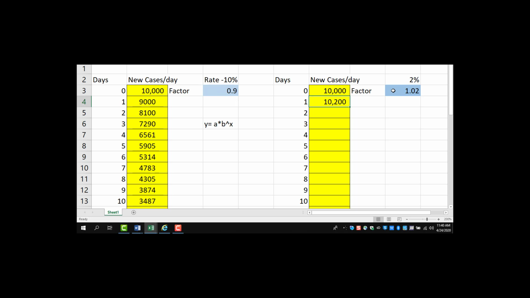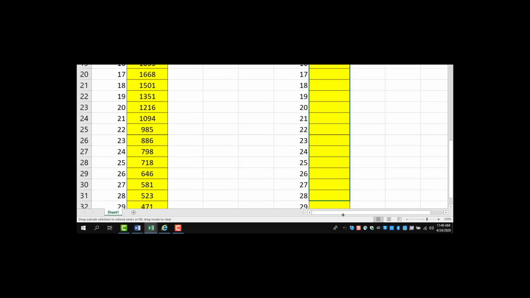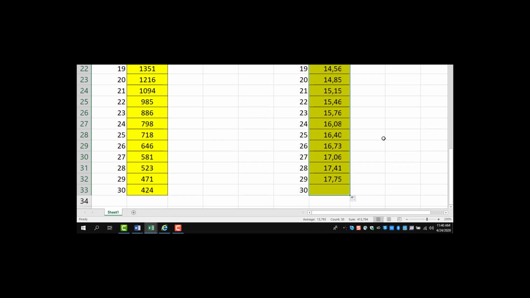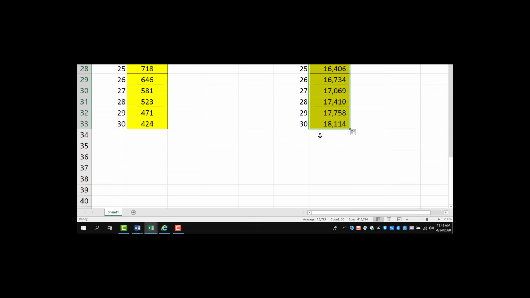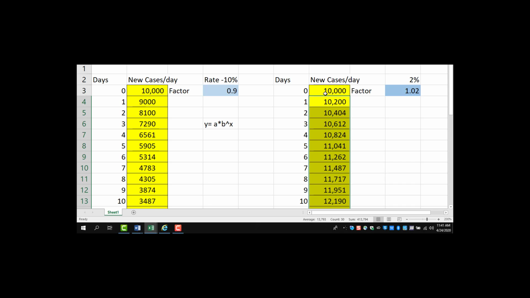So it's not a huge difference. We run it out for 30 days, and now we're up to 18,000 cases a day versus 10,000. So we almost doubled it again. Just a small difference here can create a huge difference in the outcomes.